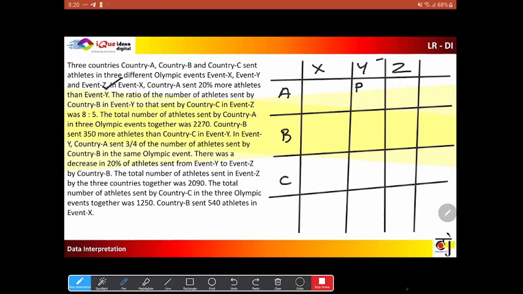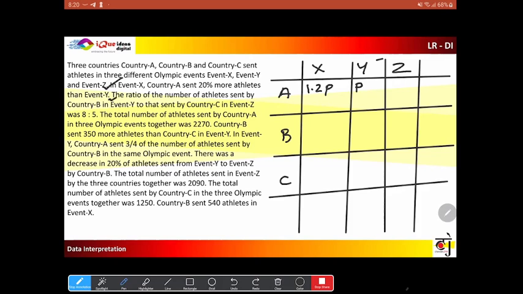So 20% more athletes in X. So can I say that in event X it has sent how many? 120 by 100, अगर परसेंटेज का इतना फंडा डालना है. And to make life simple, can I say 1.2 times P? 20% more is 120 upon 100. To simplify it, can I simply say 1.2 times P? So okay, my first two pieces of information: A sends 20% more athletes in X than in Y.